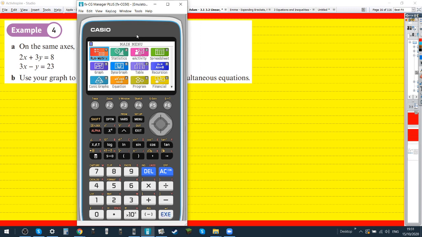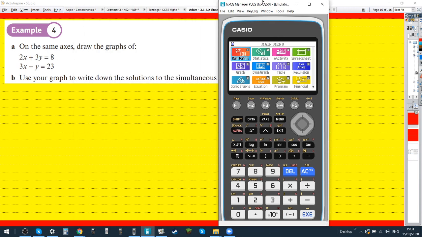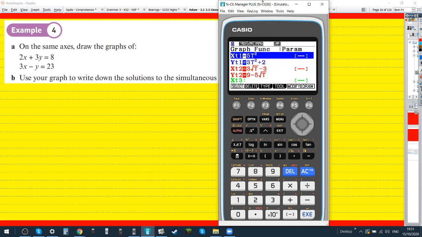So it'd be 3x minus y minus 23 equals 0, and then you could add y to both sides. So it'd be 3x minus 23 equals y. And then you do the same thing for the top one.